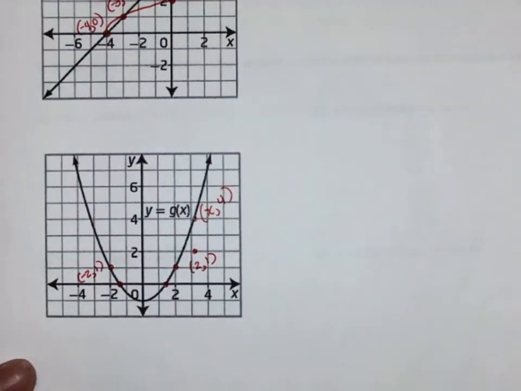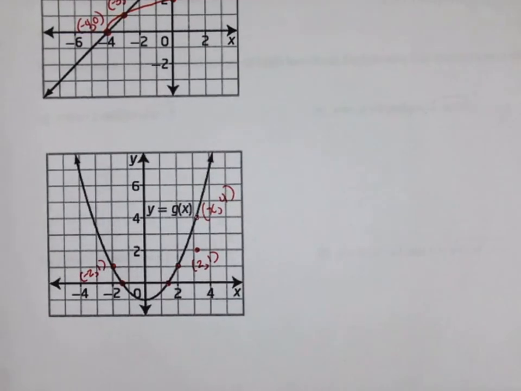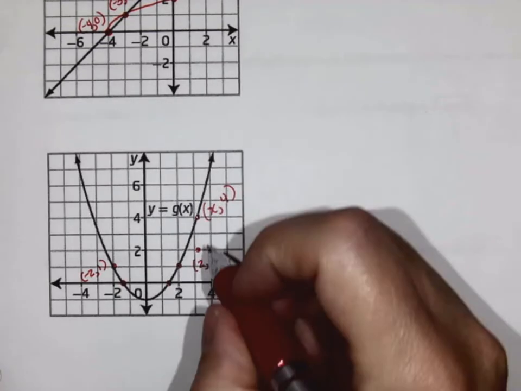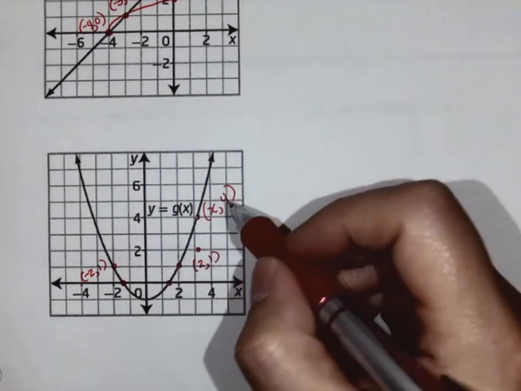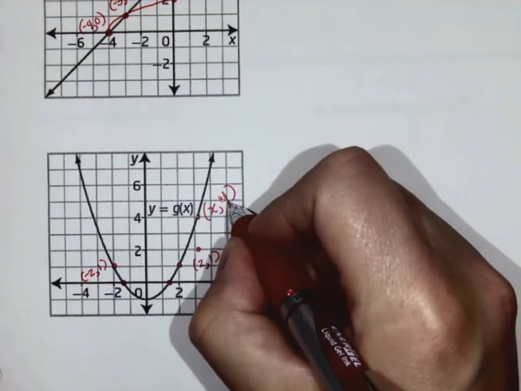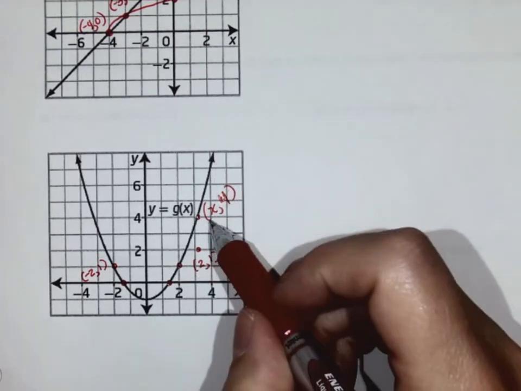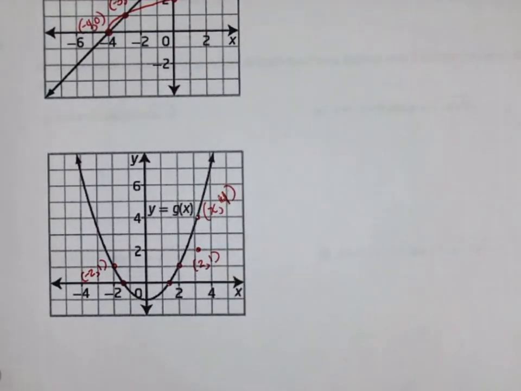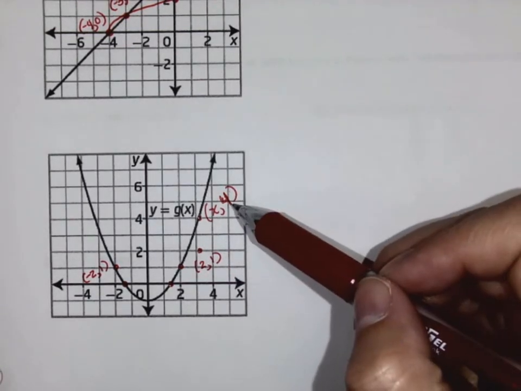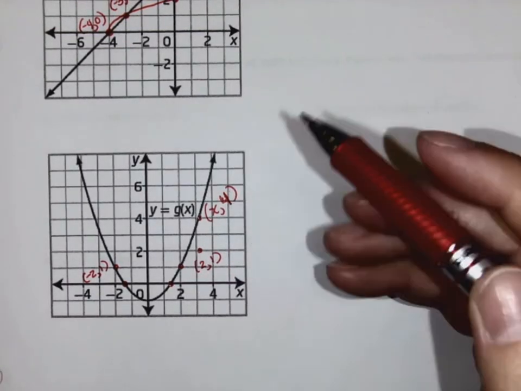Why did I do that one? Because it was a y value of 4. So what's the square root of 4? This one here is part of my root. So I knew that this y value was 4. I don't know what the x is. It's like 3 and a little bit. I don't actually know what the decimal is. But really, what am I concerned with? The y value.